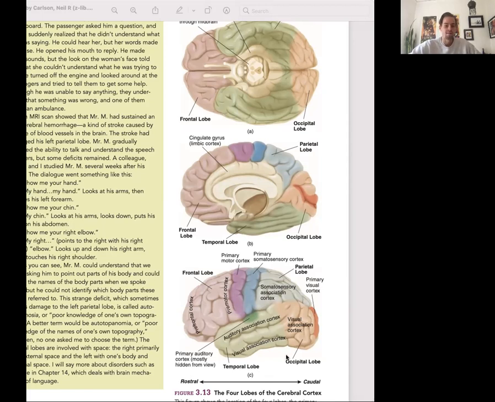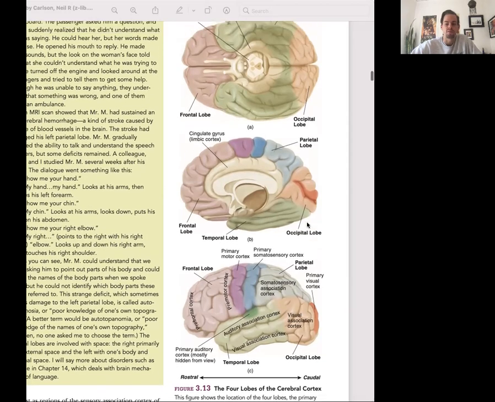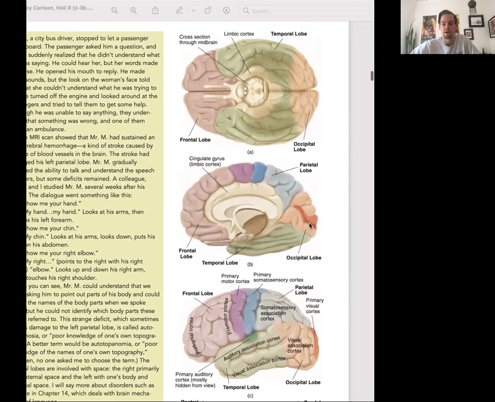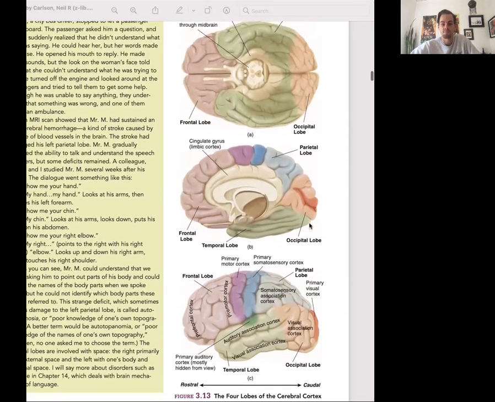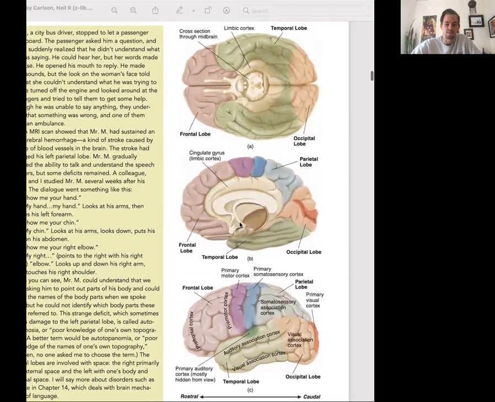And last but not least, the occipital lobe in the back. And the occipital lobe is important for its role in vision because they allow us to make sense of information that comes from our eyes. And so each primary sensory area of the cerebral cortex sends information to adjacent regions called the sensory association cortex.